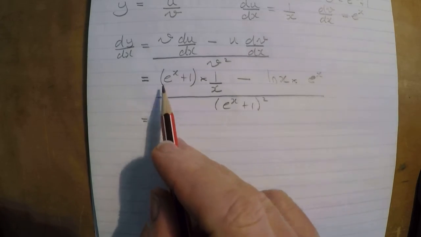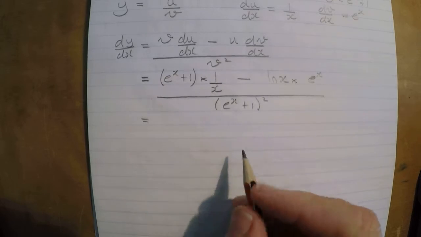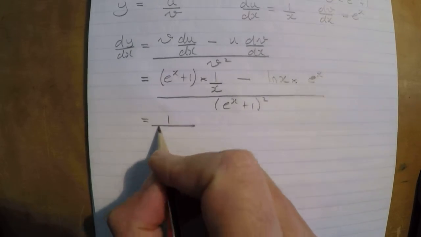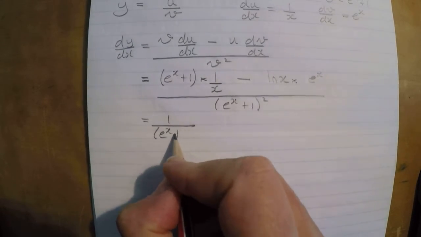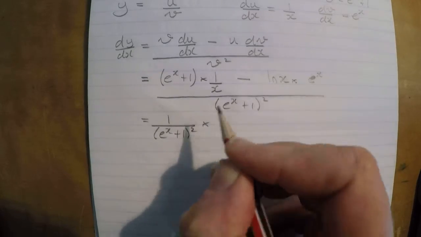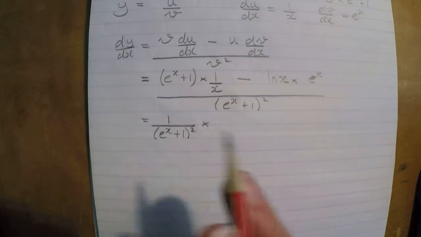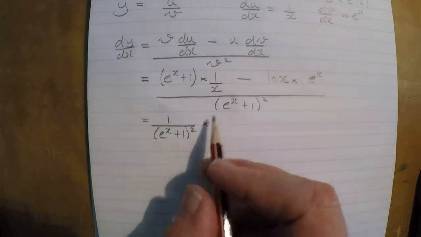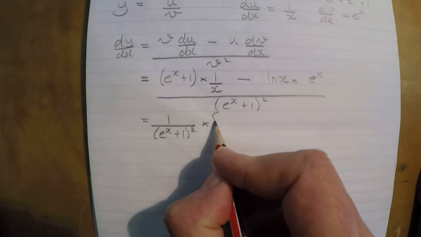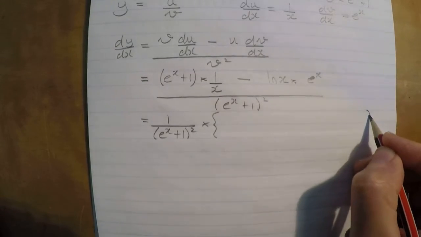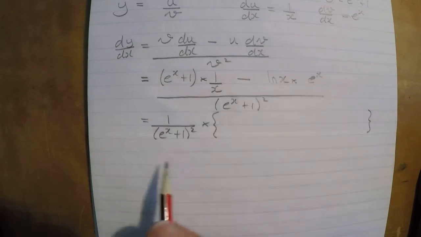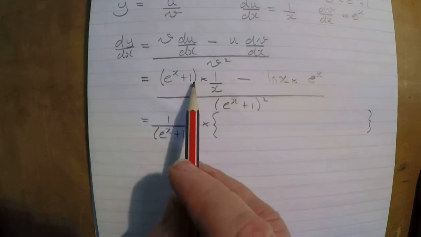Now this term, e to the x plus 1 squared, I might just move that for a moment. Extract that as a factor so that I can just work on these. And remember, that is multiplied by everything, so everything else will end up between some brackets, so that this applies to the whole lot.